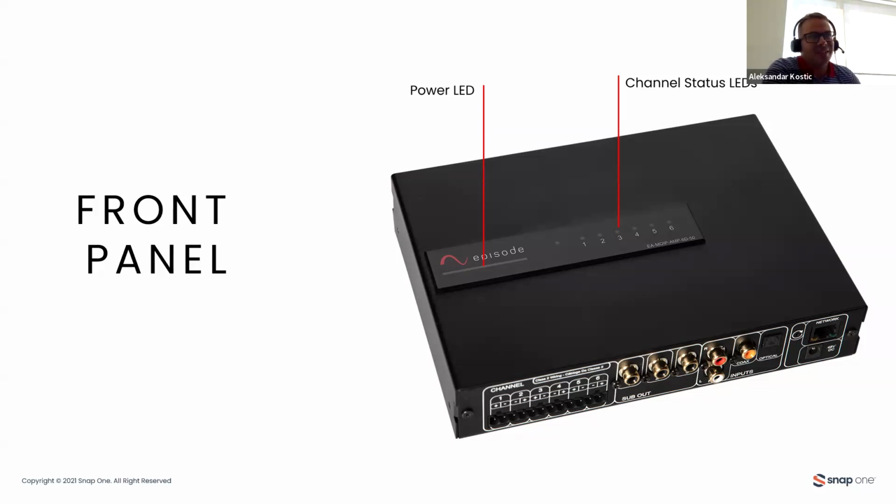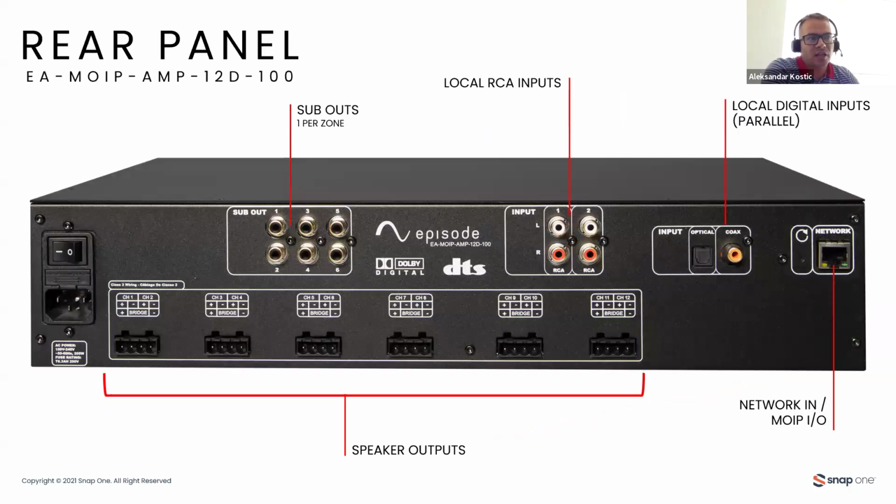So regarding the hardware, it is quite simple. Regarding status LEDs, you have LED indicating the power and LED indicating the status of each channel. This is example of the rear side of the 12 channel amplifier. As you can see, you have speaker level outputs for 12 channels, and above you have 6 line level outputs for the subwoofers. When inputs are in question, if you remember, only 12 channel amplifier has 2 analog inputs.